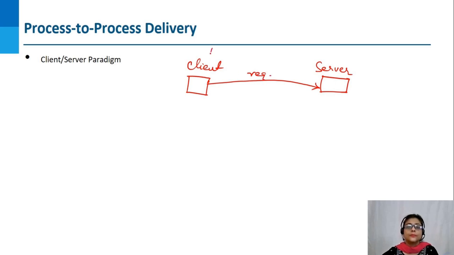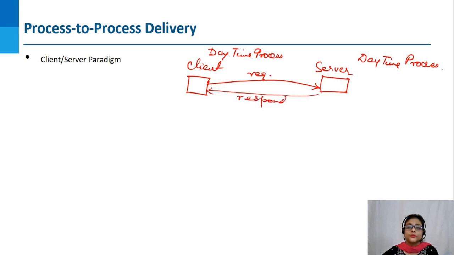So there is a daytime client process running at the client end, and the server, in receipt of this request, runs the daytime process at the server end and gets the result and responds to the client with the result. So this is the client-server paradigm.